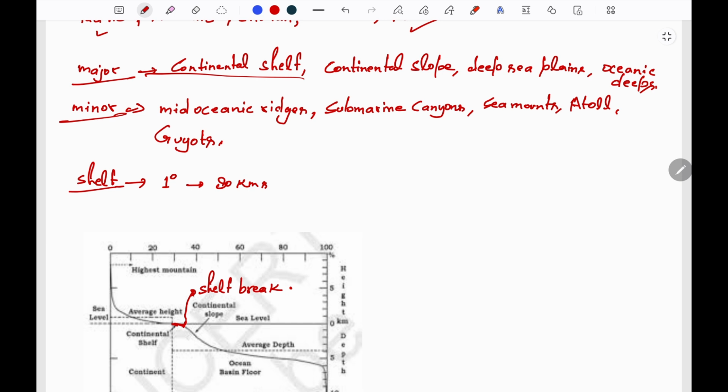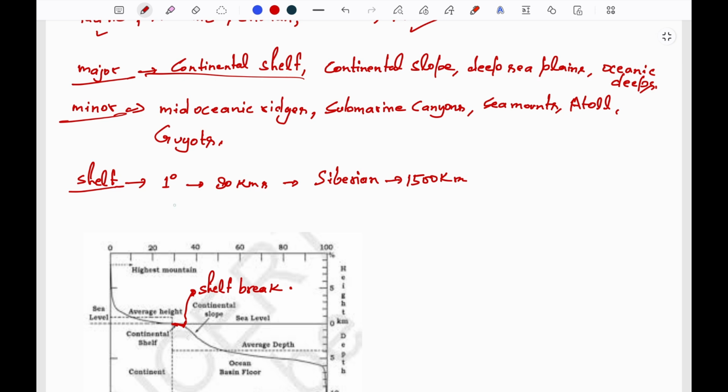So the Siberian Shelf in the Arctic Ocean is the largest continental shelf area. It is around 1500 kilometers wide, and somewhere it is even absent, like near the coast of Chile and Sumatra.